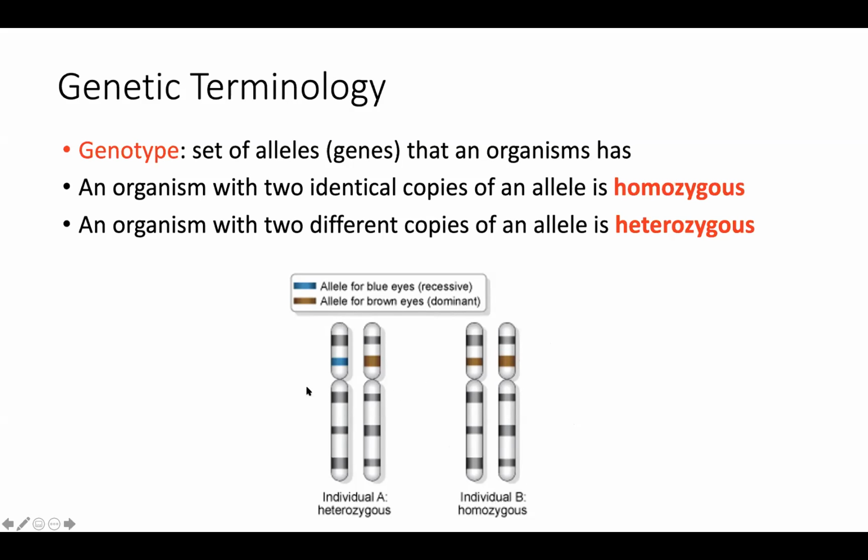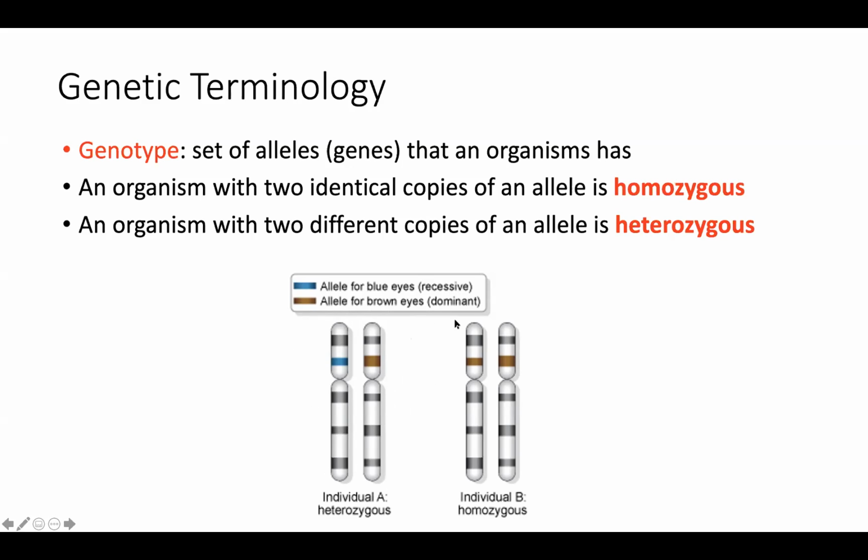Now, if we look back over here at individual A, Camila, as you were saying, there's another factor that we have to take into account. This individual has an allele for blue eyes, and it also has an allele for brown eyes. So just looking at this, we won't know if this individual will manifest or physically have brown eyes or blue eyes. So this is their genotype. They have an allele for blue and an allele for brown.